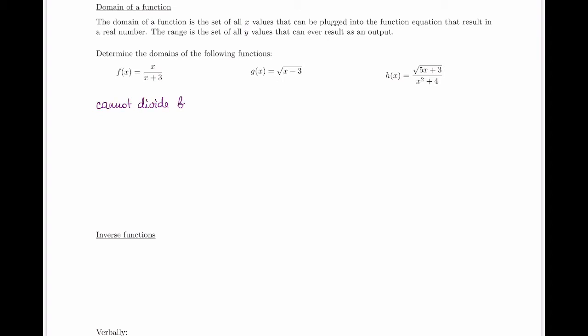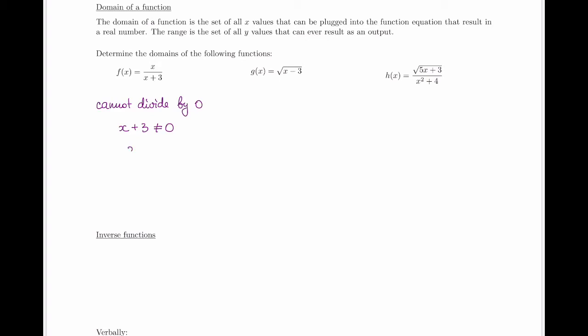And this is something that we're going to have to take into account because there is an x on the bottom here in the denominator, which means that there are values of x that will produce 0 on the bottom. So the domain cannot include values of x that will make the denominator 0.